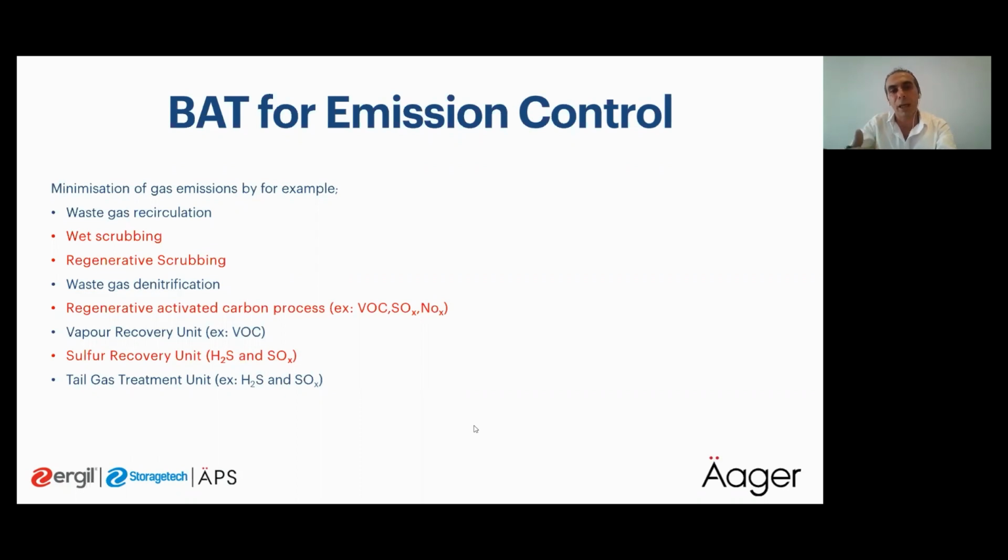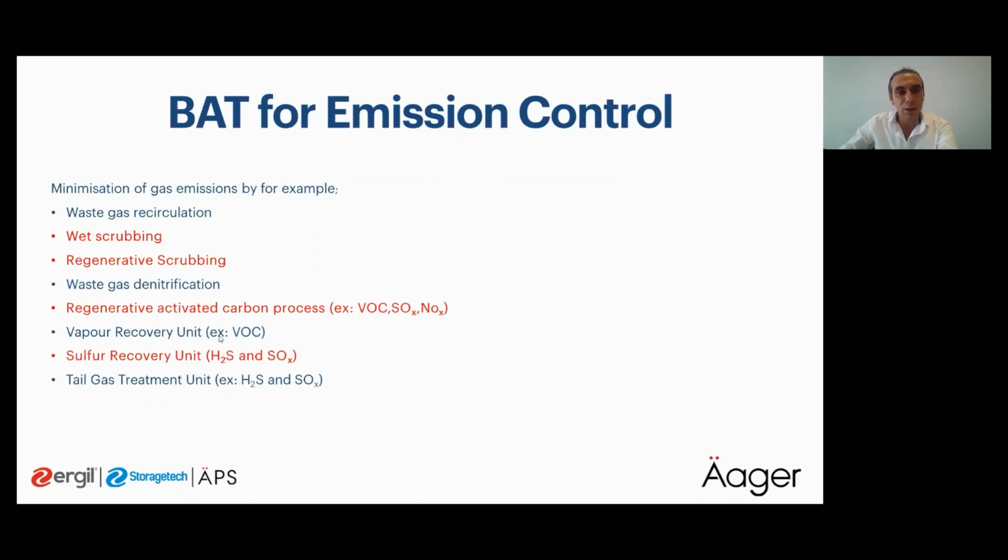The wet scrubber can be used for most of the emissions, but some parameters are needed. Sometimes you can use activated carbon, for example for VOCs. Also, you can see here the activated carbon process is used for VOCs, and you can also use the VRU, vapor recovery unit.